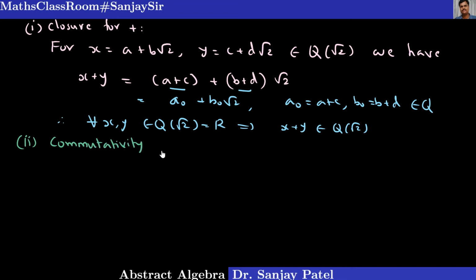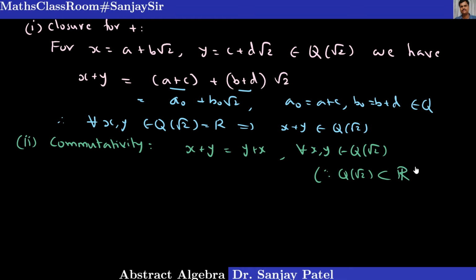Commutativity and associativity actually need no proof, as this set Q root 2 is a subset of R, and we know that the set of real numbers has the two properties, commutativity and associativity, for addition of real numbers. So commutativity, that is x plus y is equal to y plus x for all x and y belonging to Q root 2, is obvious, because Q root 2 is a subset of the set of real numbers.